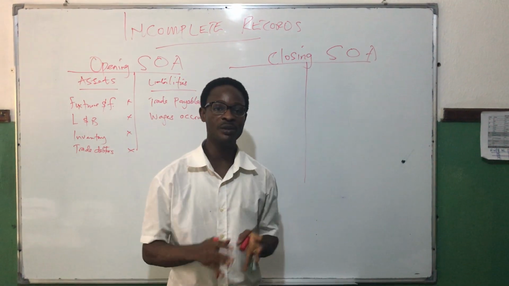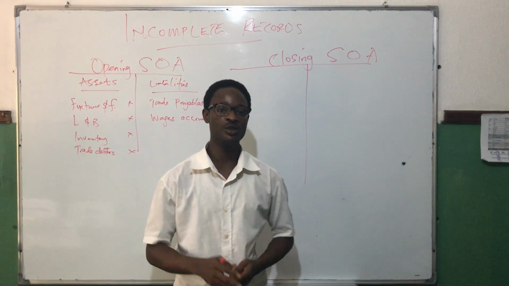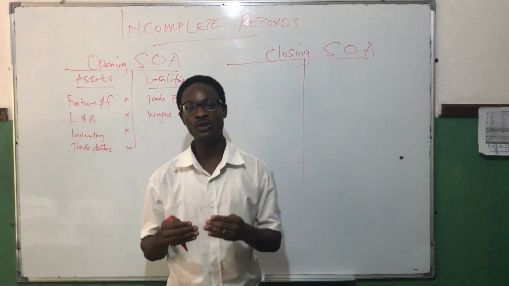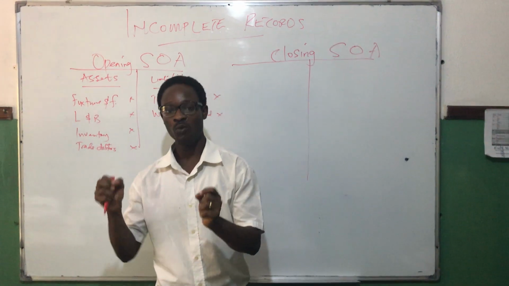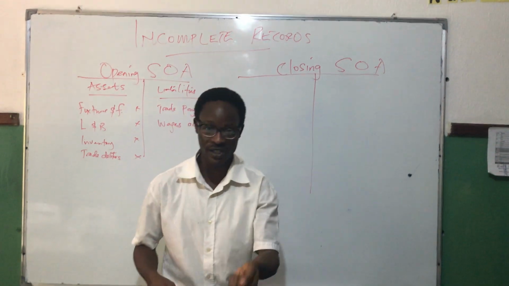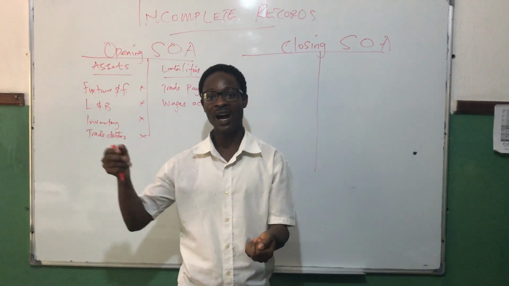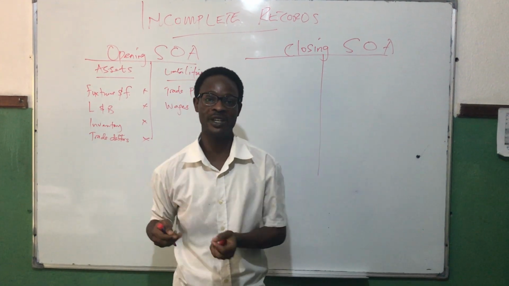That means all the items or resources owned by a firm are funded or financed by what the owner brings into the firm as capital and what is obtained from third parties.